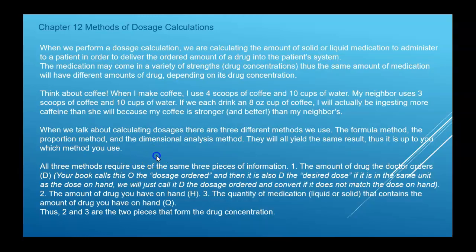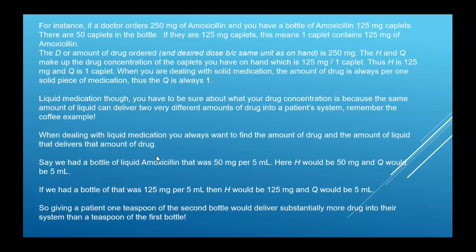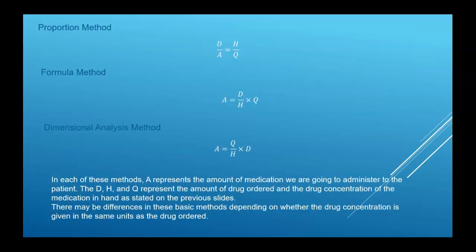Once you identify your information, then you have to do your drug calculation, which has 3 different methods: proportion, formula, and dimensional analysis. So I have dimensional analysis written here. Basically, it's very similar to the formula method, except notice that Q and H are switched, because in dimensional analysis, D is going to represent the drug, and you want to end up with a quantity.